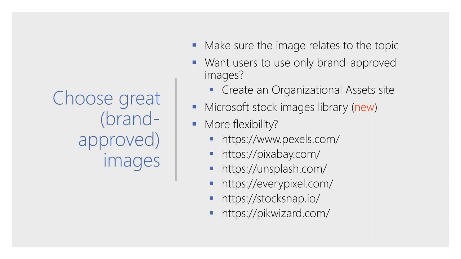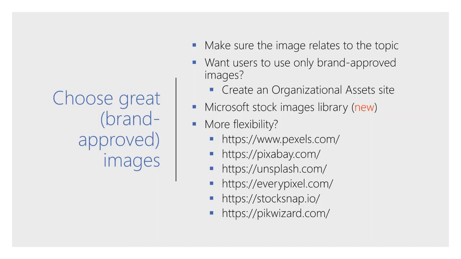The reason you want to do that is when you use an image from your org assets library, it doesn't actually live in your site. SharePoint will magically create a CDN for you, and that image is going to be called in a very performant way from the CDN every time you use it. And it won't live in your site.